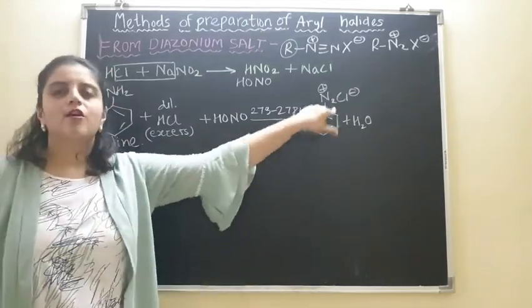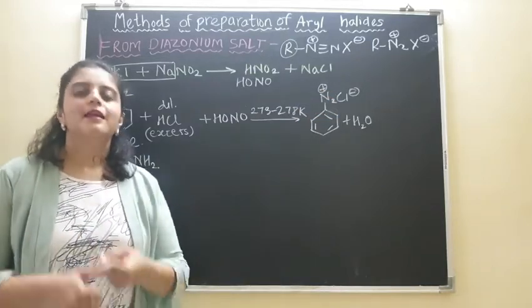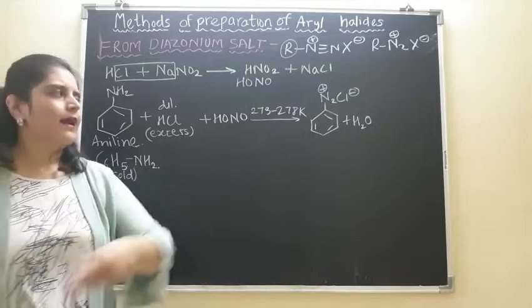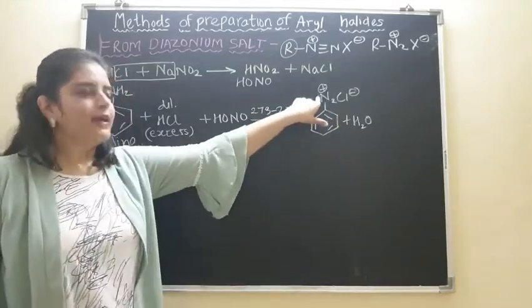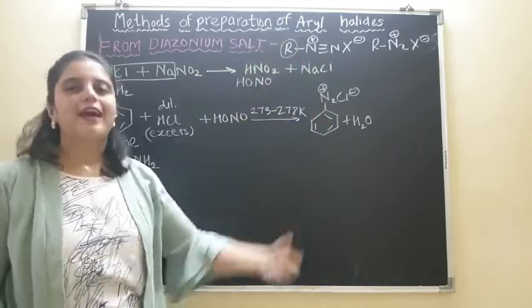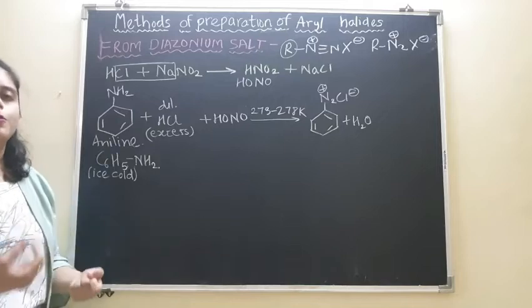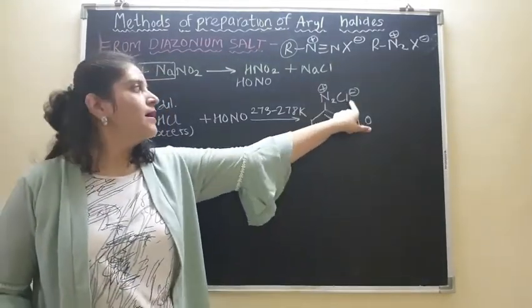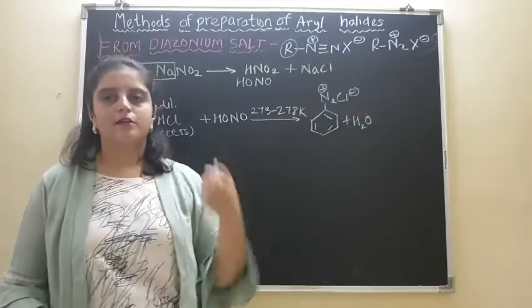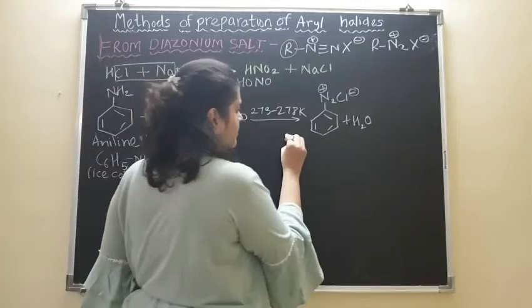The product that we have obtained over here is called benzene diazonium chloride. Since we initially took the benzene ring with NH2 group, or we can say we started with aniline which contains only a single ring similar to benzene, this is called benzene diazonium, and the halide present over here is chloride, therefore it is called benzene diazonium chloride.